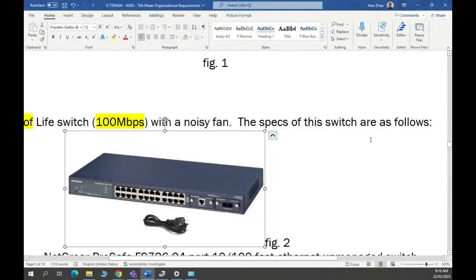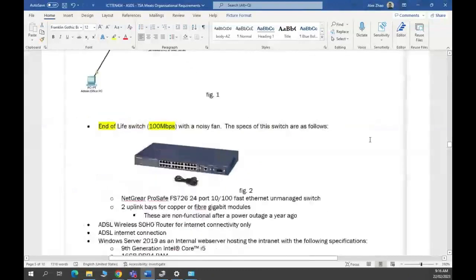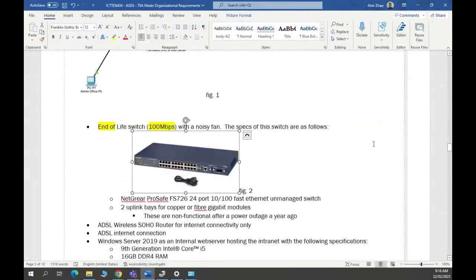And if you don't know what I mean by fiber or copper, effectively they are cables. There's copper metal inside, and it's very cheap, very easy to use, etc. It has its downsides as well because it's susceptible to interference.